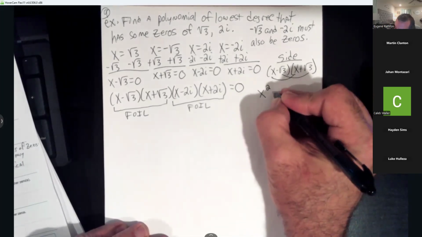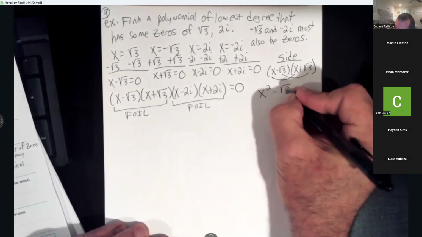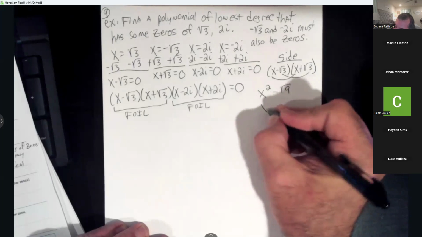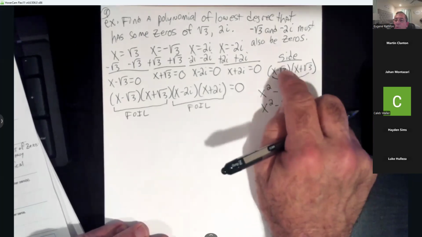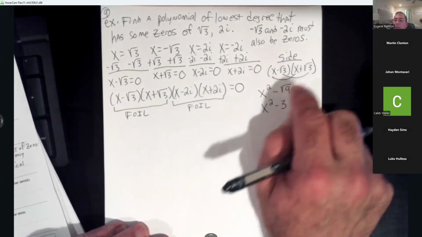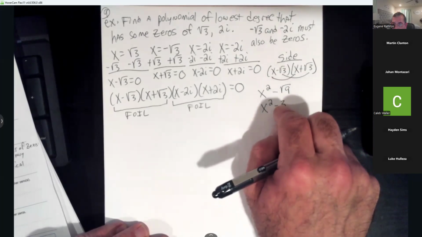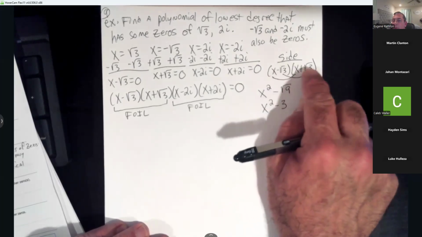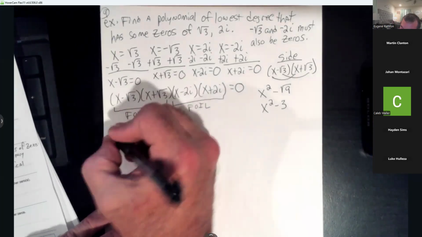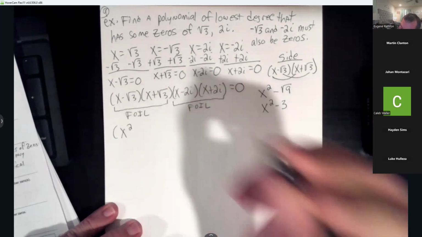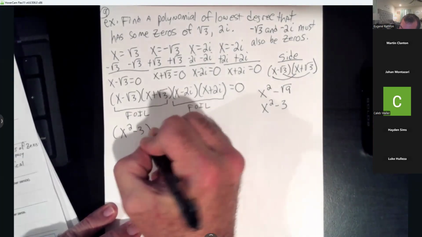So that'll be x squared minus square root of 9, which gives me x squared minus 3. Remember, square root of 3 times square root of 3 equals 3. And anytime you do radicals, they end up negative, okay? So the first two gave me x squared minus 3.